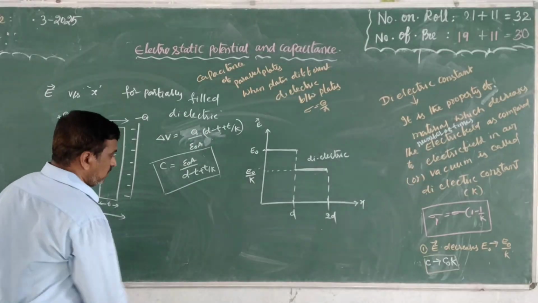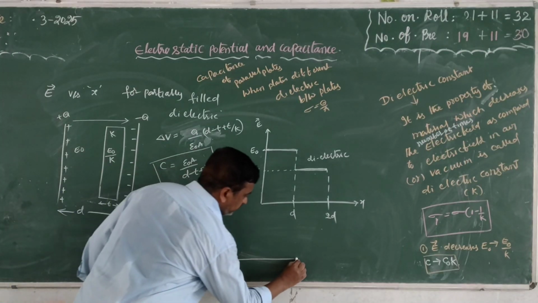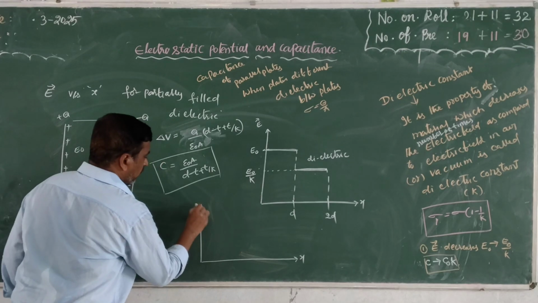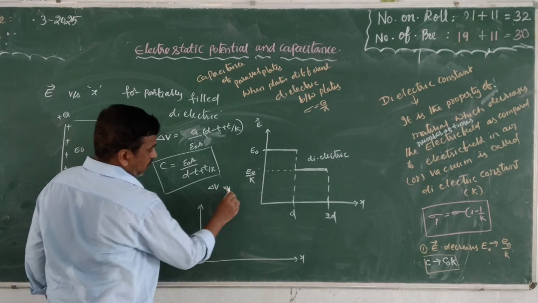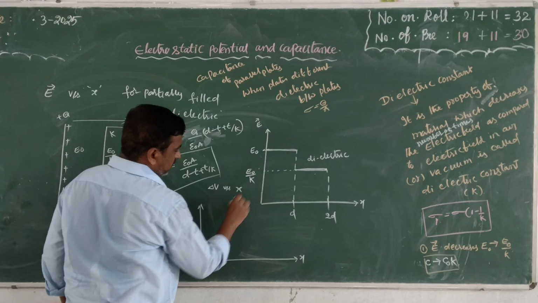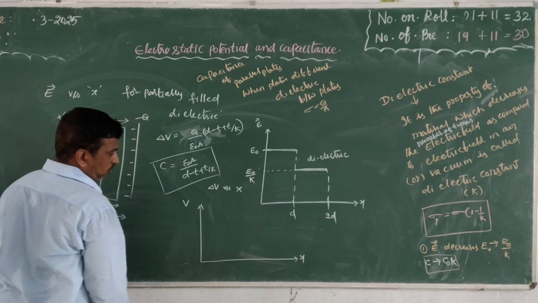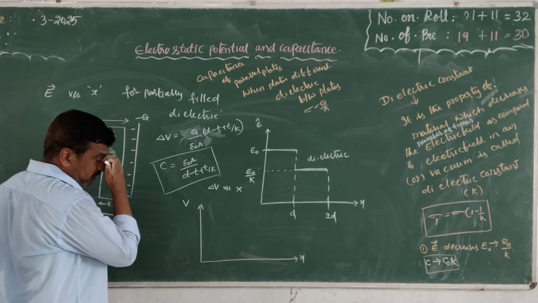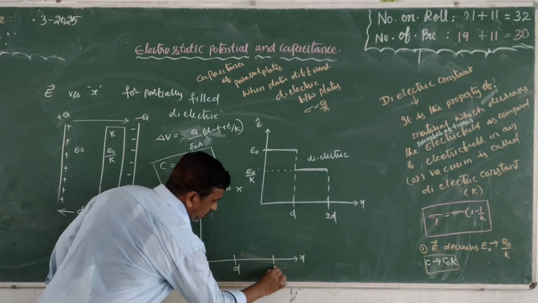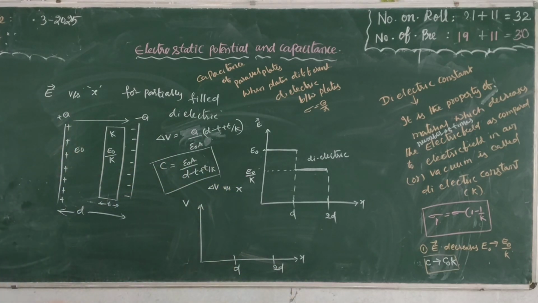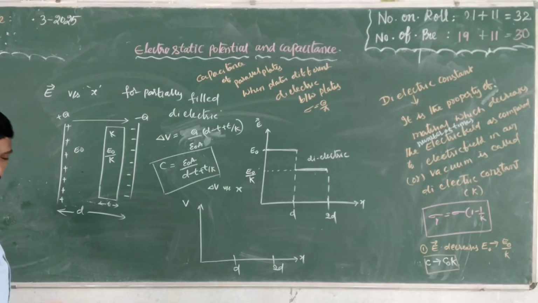Now potential versus distance. Here we take change in potential versus distance x. On the y axis potential, on the x axis distance. Here D, here 2D. What is the potential here? Delta V equal to E naught.